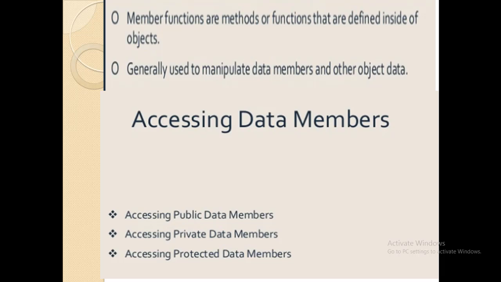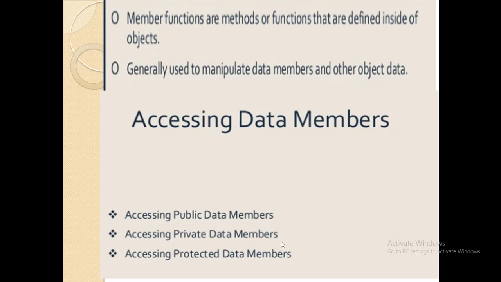Every declaration we define is basically associated with the object, generally used to manipulate data members and other objects. There are three different access specifiers, so accessing variables and functions under each access specifier is different. First we will see how to access public data members, then how to access private data members, and then protected data members.